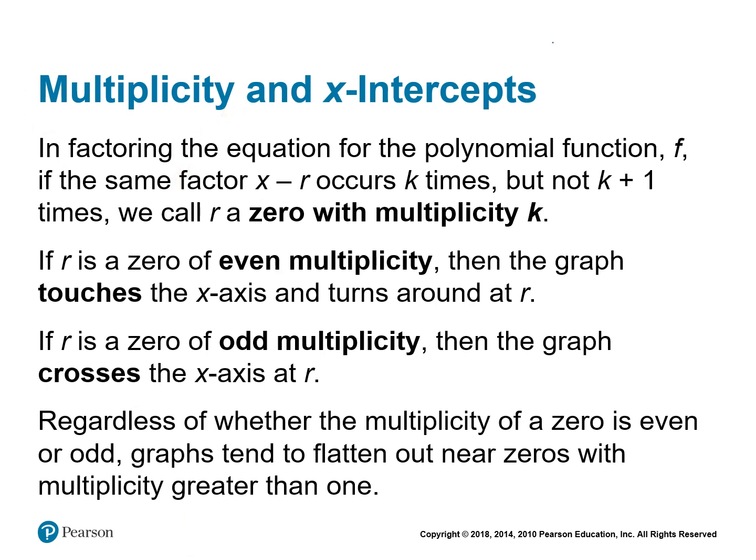In the previous example that we worked, when we found the x-intercepts, we saw that we had three solutions for x. One was a positive 2, and then there were two other solutions which were of the same value.